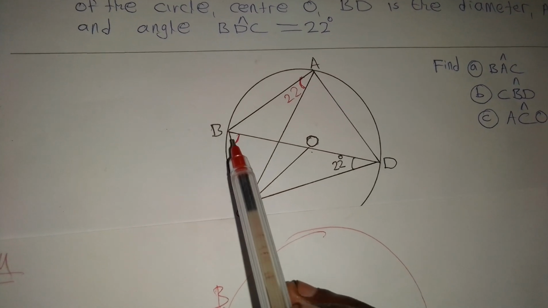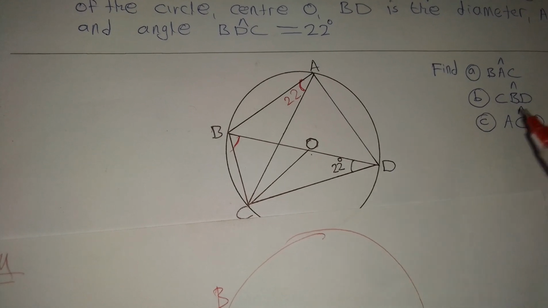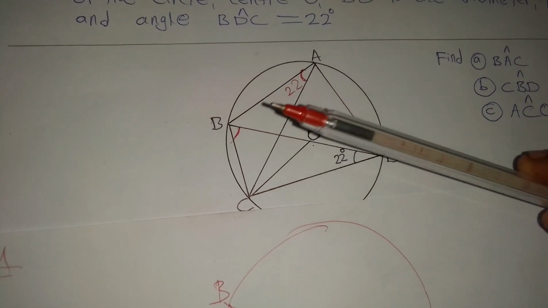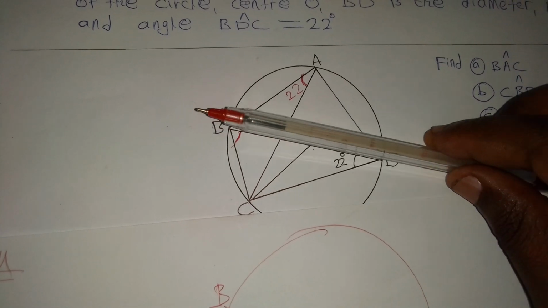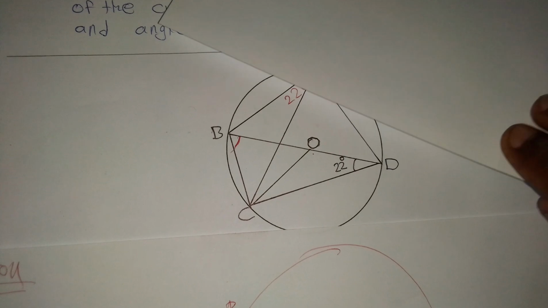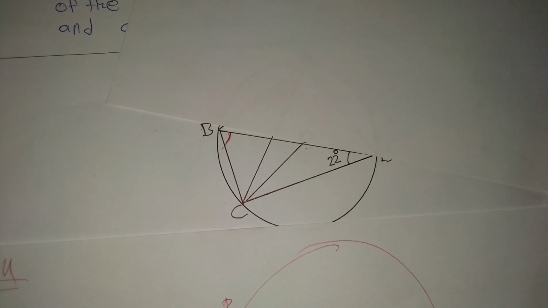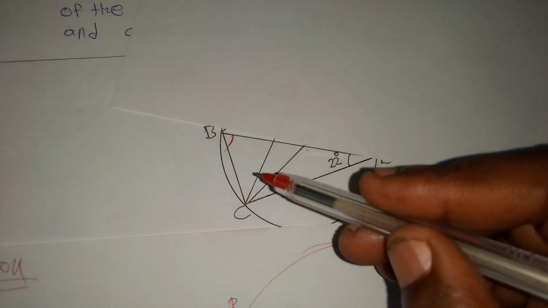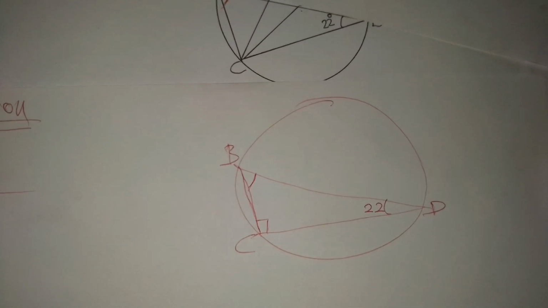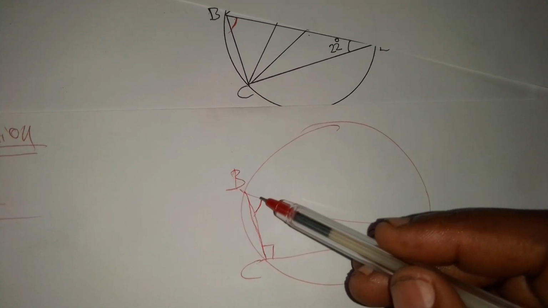The diameter cuts the circle into equal halves, meaning we are going to have a semicircle. Wherever there is a semicircle like this, we can observe that here there will be a 90, just like the way I've demonstrated. Now, how can we find the angle which is here?